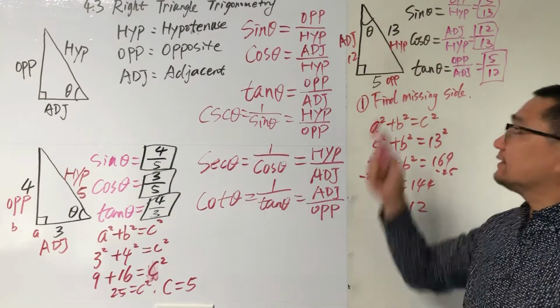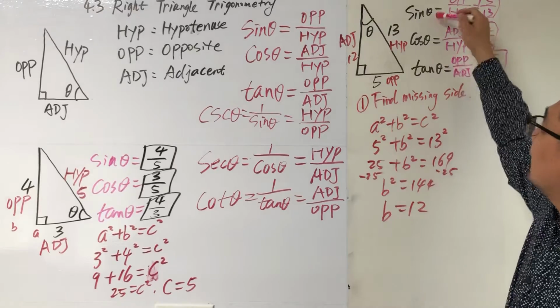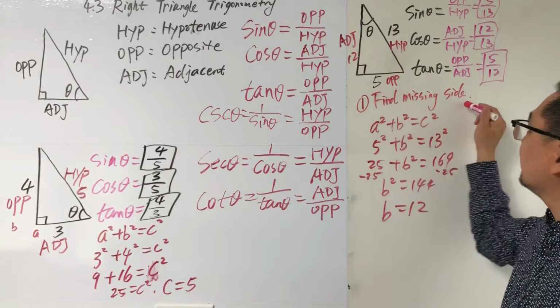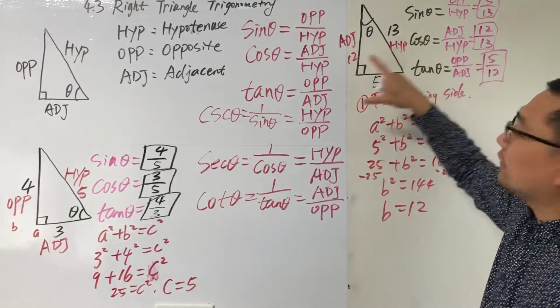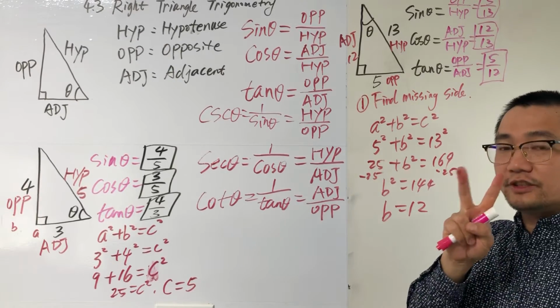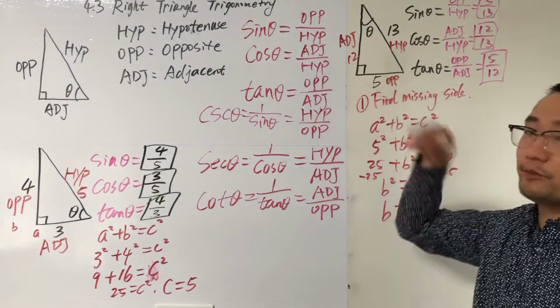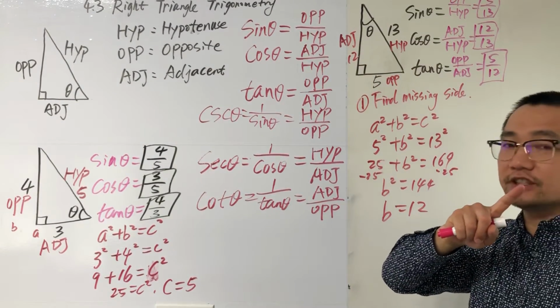So if I give you a question like this example, how do you find sine, cosine, tangent? The first step, you need to find out the missing side. If I give you, I always just give you two sides. So find the missing side, first step. Second step, you need to define which side is opposite, which side is adjacent. Remember, the hypotenuse, you never change the hypotenuse.